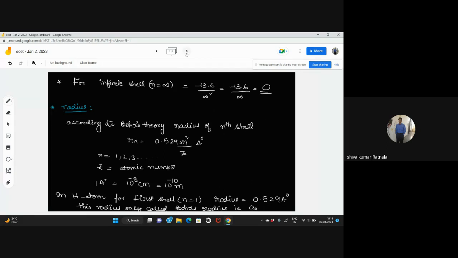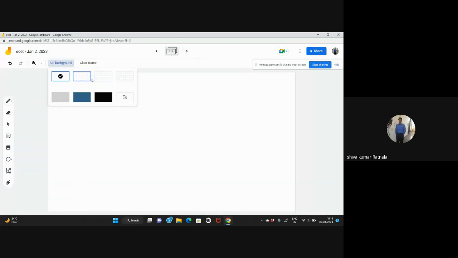That means Bohr's radius a naught equals 0.529 angstrom units. Okay, this is the radius.